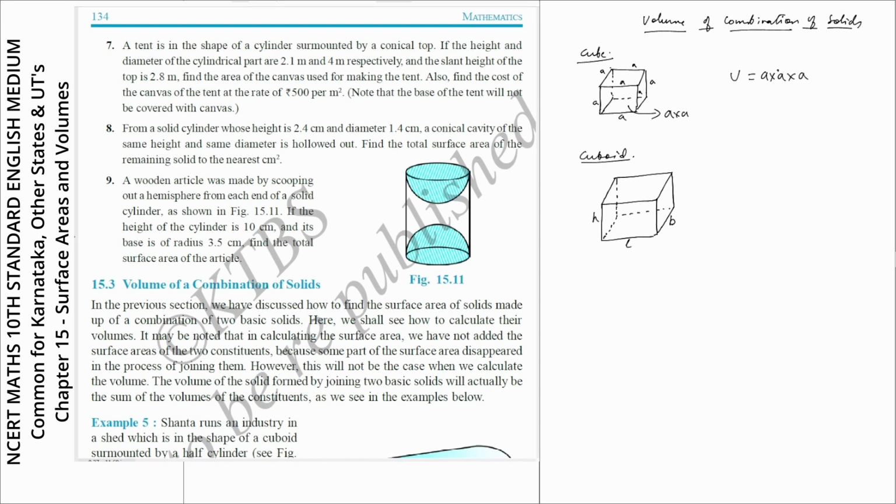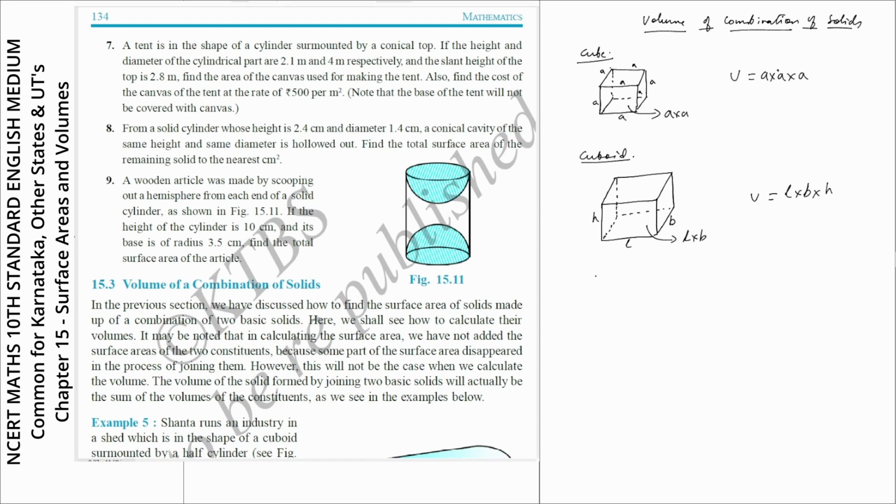The area of the base is length into breadth. Now if I multiply the height also, that gives the volume. So for a cuboid the volume is length into breadth into height.